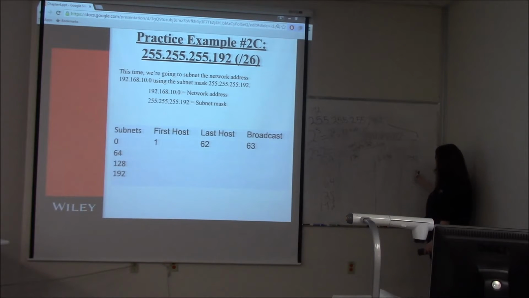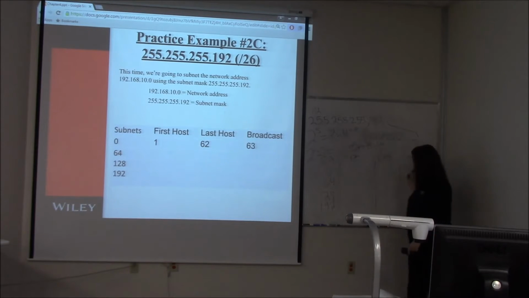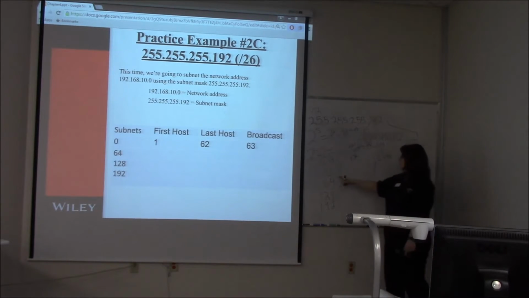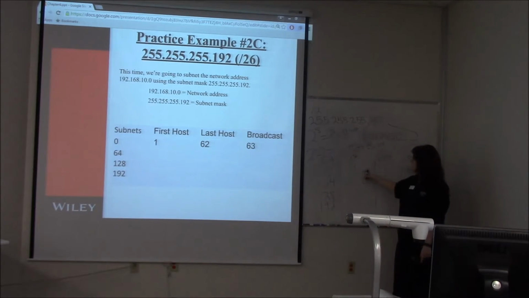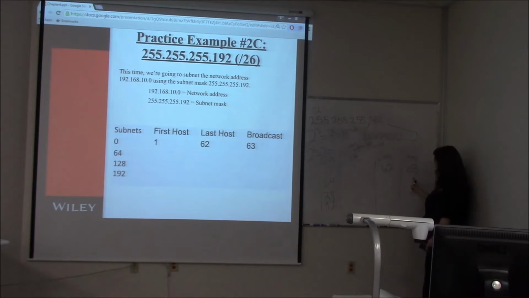My broadcast address for the first subnet, 63. 64 minus 1 is 63. Adding 1 to the subnet address gives me the first available host on that subnet, and subtracting 1 from the broadcast gives me the last available. What's the broadcast address for the second subnet? 127.